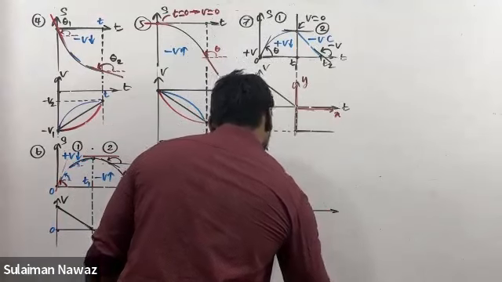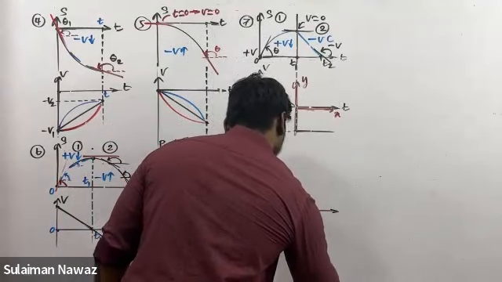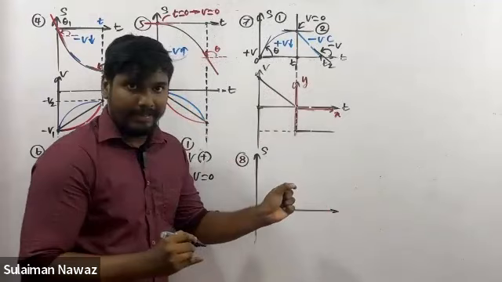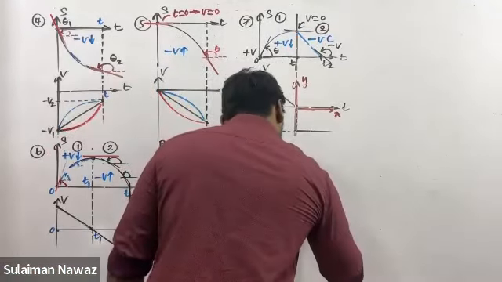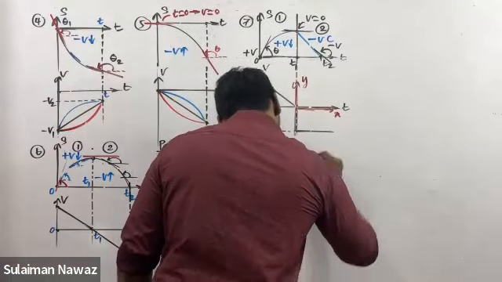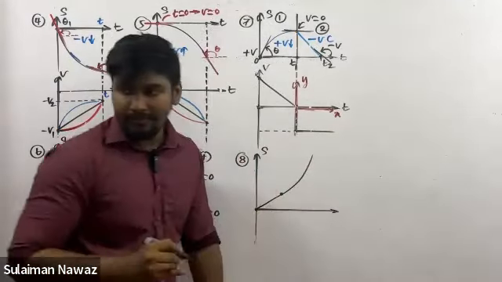This is our graph number 8. Now, this graph contains two sections. The point where the first graph finishes, that's a curvy part.